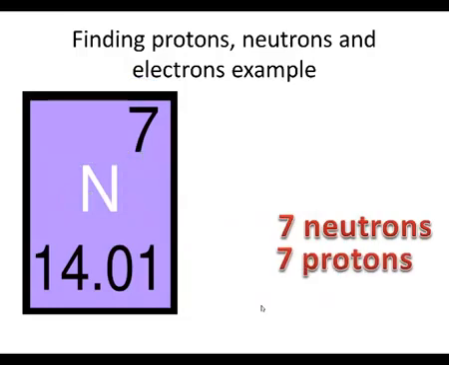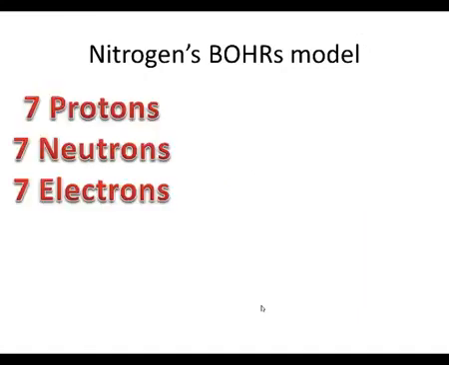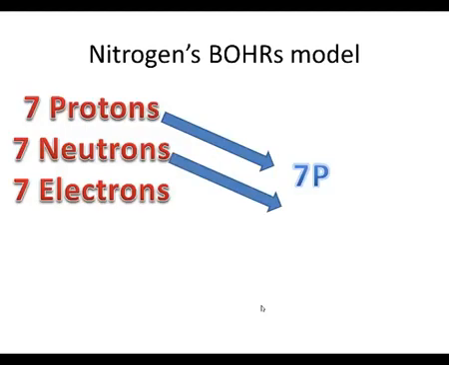So there are 7 protons and 7 electrons. So when writing out the Bohr's model, our 7 protons get written as 7p. Our 7 neutrons get written as 7n, and this makes up the center, or what would be in the nucleus, of the atom for the Bohr's model.